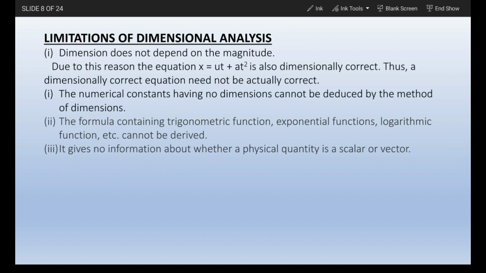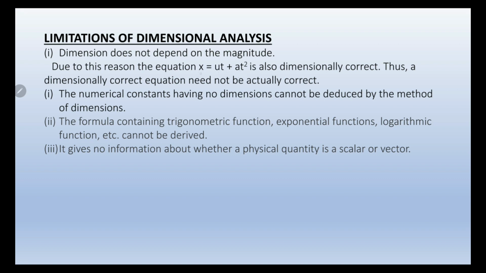Now the limitations of dimensional analysis. The dimension does not depend on the magnitude, and due to this reason, if we write the equation as x equals ut plus at square, it is dimensionally correct, but the real equation is x equals ut plus half at square.